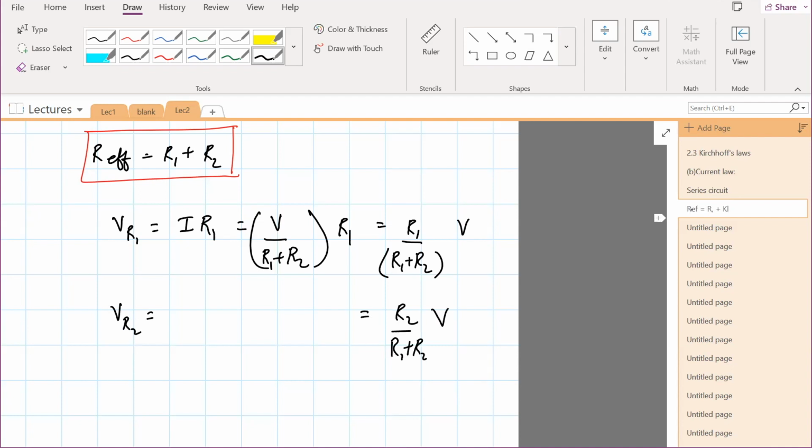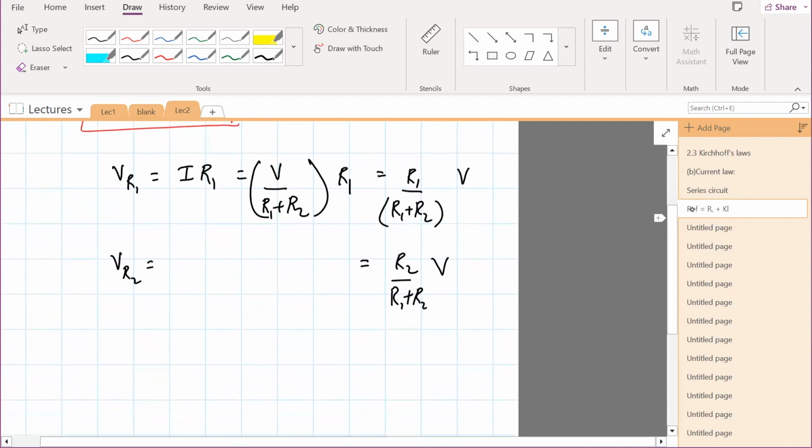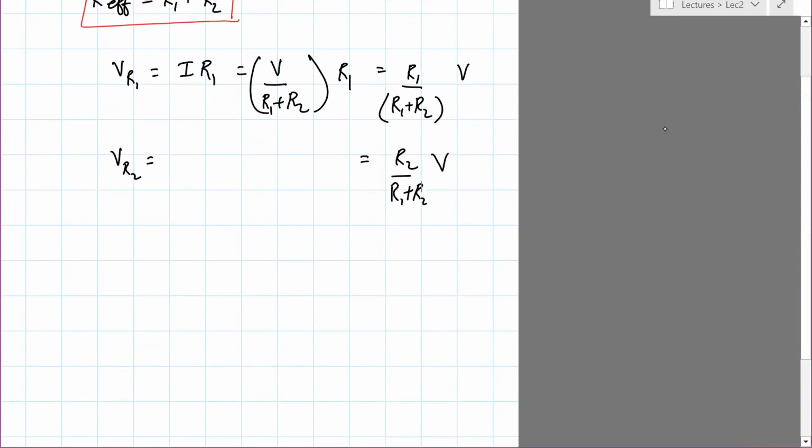You don't have to go through the whole process of computing I. So it's good to remember these things because when you're debugging circuits, you can just use this. Essentially, the circuit divides the voltage across the two resistors.